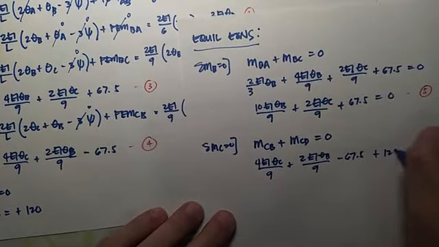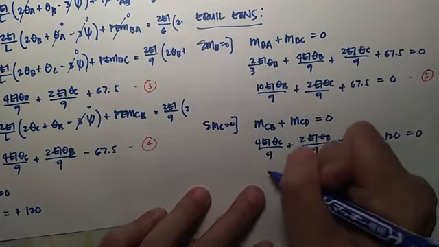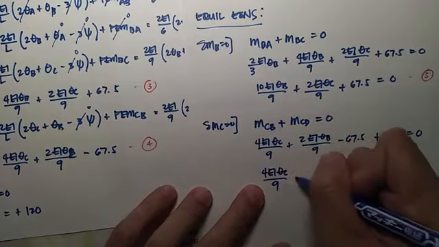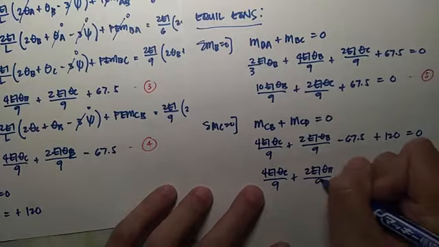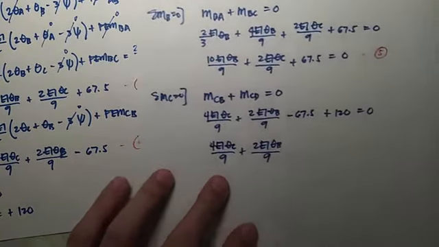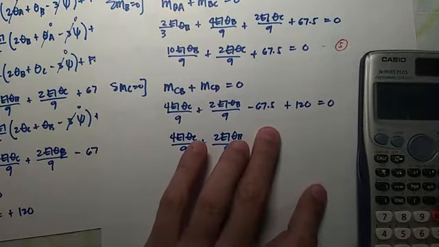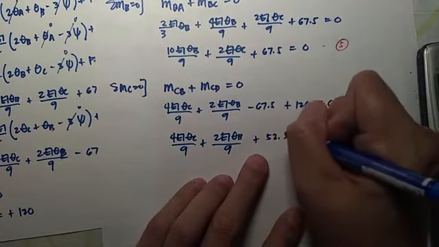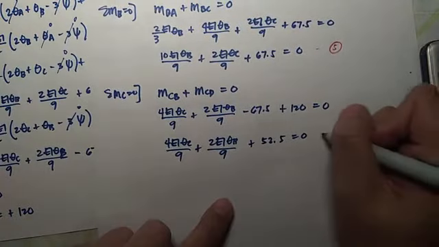Plus 120 equals 0. Okay, pag sinimplify natin yan, this would be 4 EI theta C over 9 plus 2 EI theta B over 9. Okay, i-plus ko lang to. So that would be 120 minus 67.5. That is 105 over 2 or 52.5, plus 52.5 equals 0. So let us call it as equation number 6.